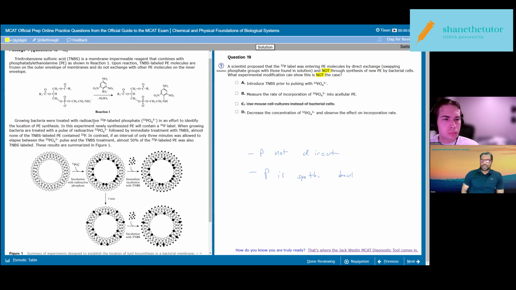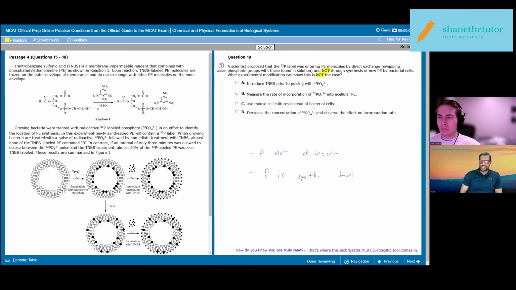You could change the concentration to cause some type of Le Chatelier principle thing, which will tell you if it's moving forwards or backwards, but the rate itself is determined by the catalyst, the activation energy, and that's what the enzymes do. So if we wanted to see the effect on incorporation rate, we would have to change the enzyme, right? So now A says introduce TNBS before pulsing with the phosphate.